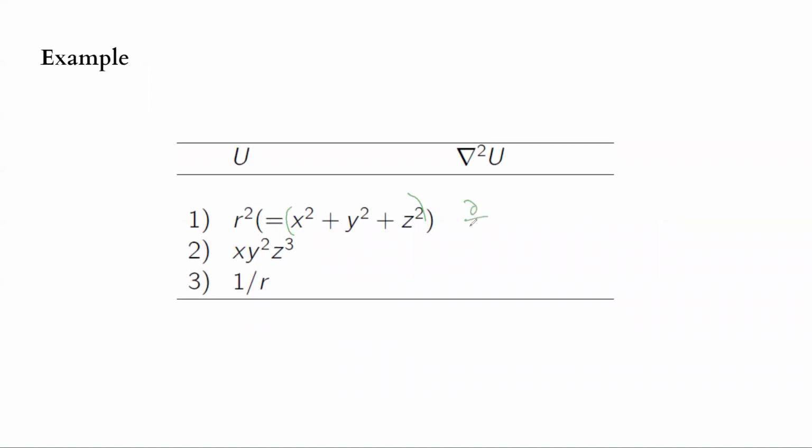Once we take the second derivative of the entire function with respect to x, only this part is remaining. So we take del squared over del x squared of x squared, plus the rest of it, y squared plus z squared, plus del squared over del y squared.